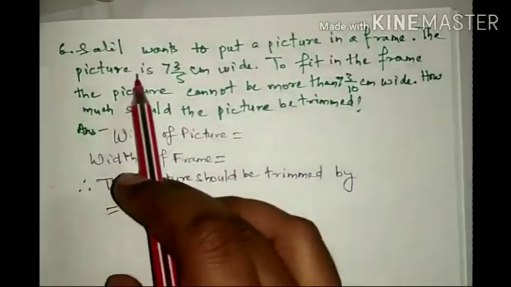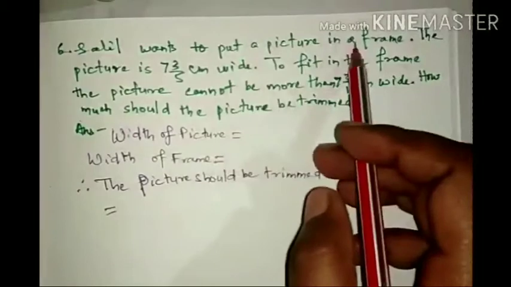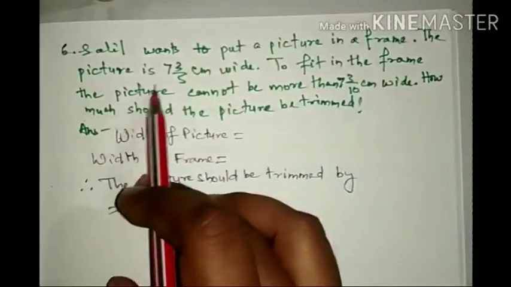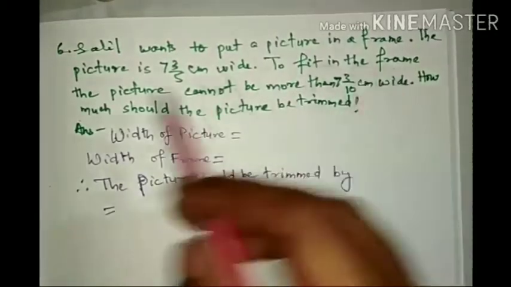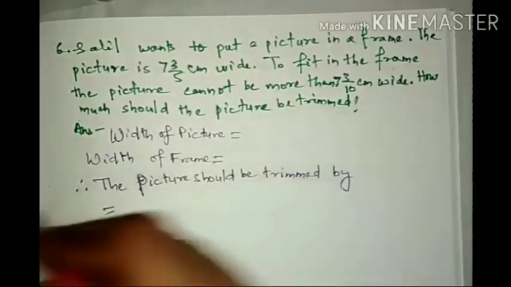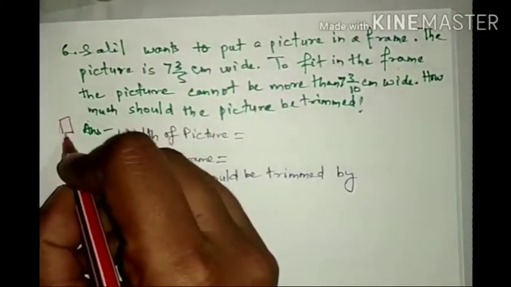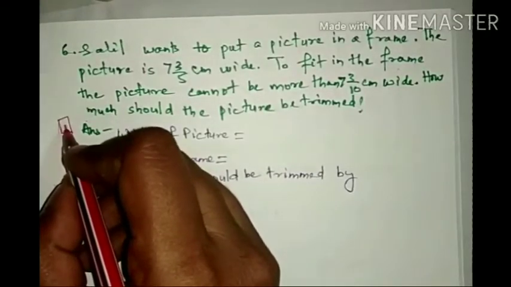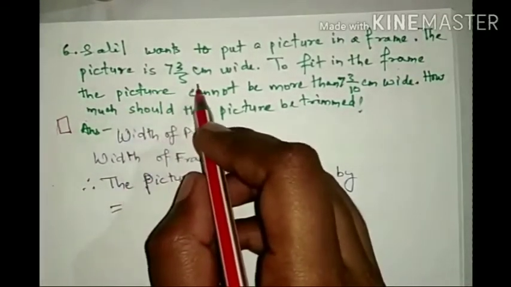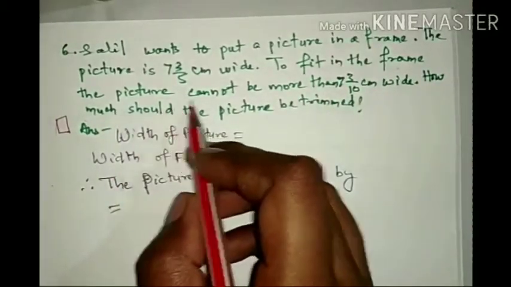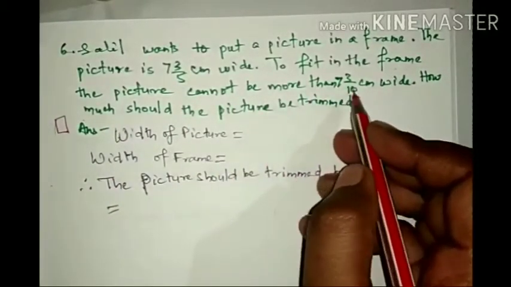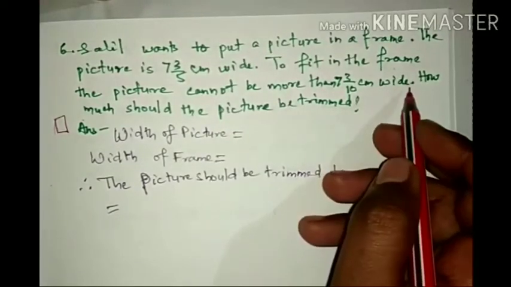Next, number 6. Salil wants to put a picture in a frame. The picture is 7 and 3 by 5 centimeter wide. To fit in the frame, the picture cannot be more than 7 and 3 by 10 centimeter wide.